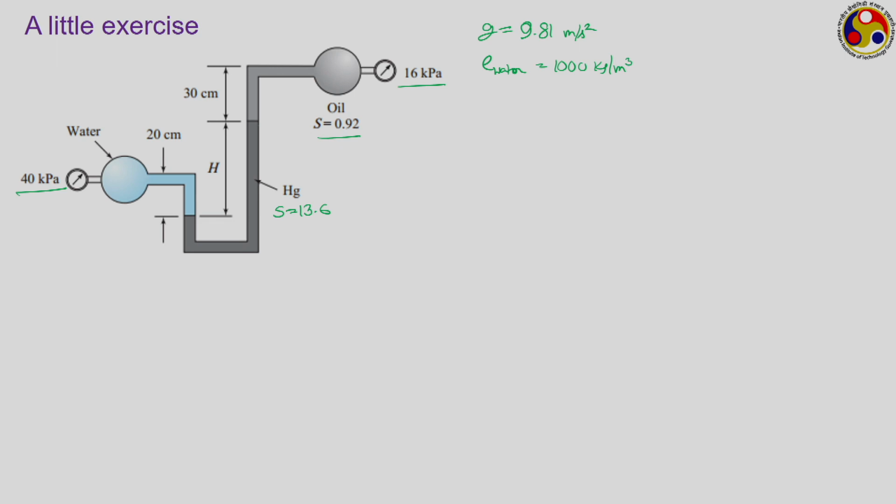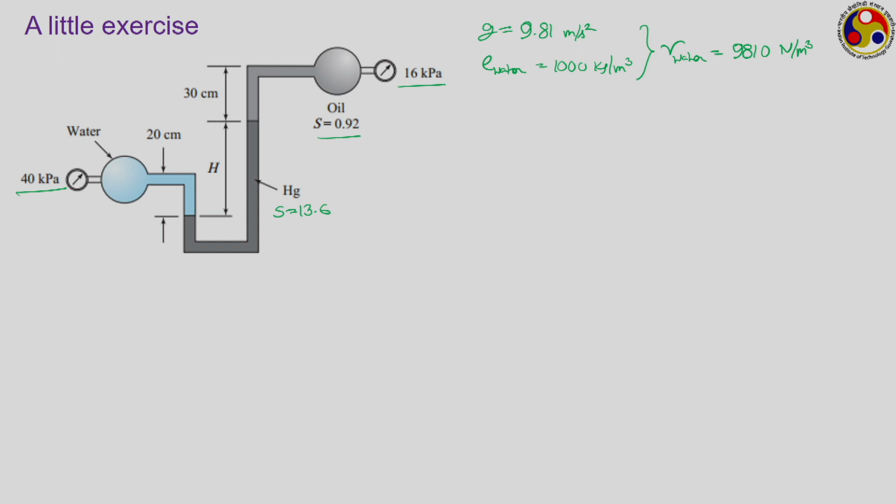and density of water as 1000 kg per meter cube in all these problems, thereby giving a gamma water value of 9810. The unit is Newton per meter cube. So, this is the situation that we have. We have three fluids involved.